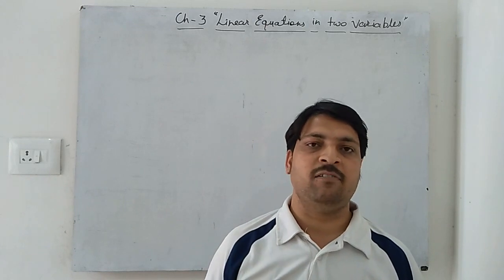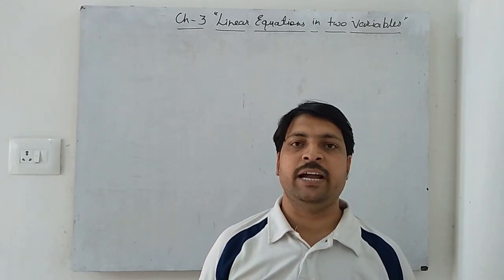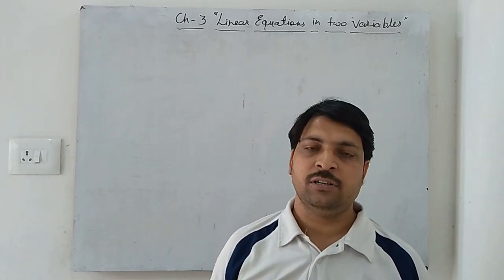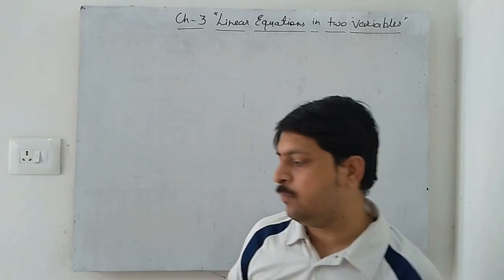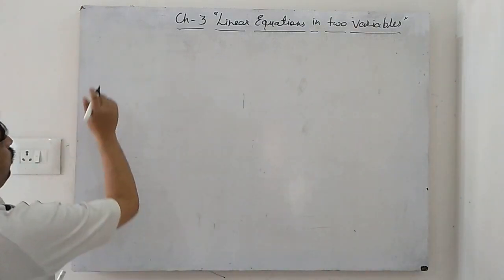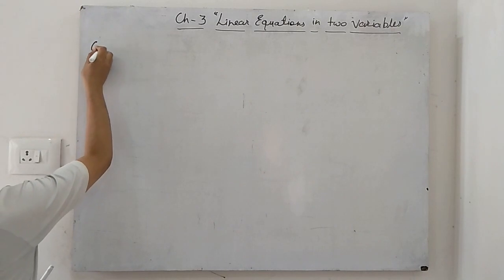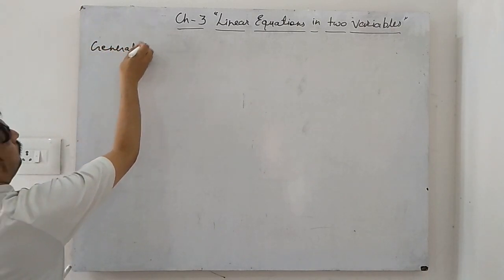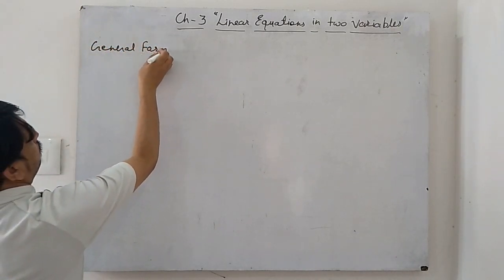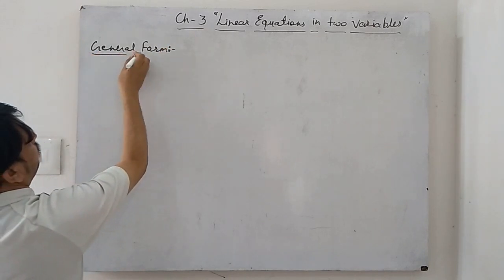If the highest power of variable is 1, then that will be a linear equation. So I am writing the general form of linear equation.